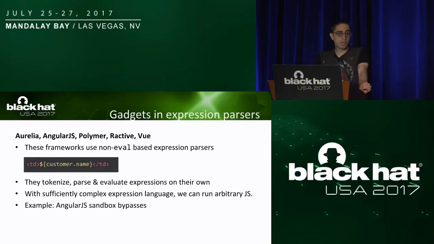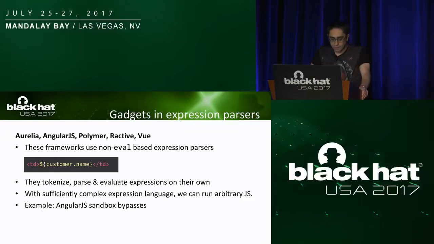This is some custom language created by the Aurelia framework in this example, that gets parsed by Aurelia and then later on evaluated. So what Aurelia does is it creates a chain of functions that will eventually fetch the name property of some customer object and then insert it using innerHTML or innerText into this TD element.